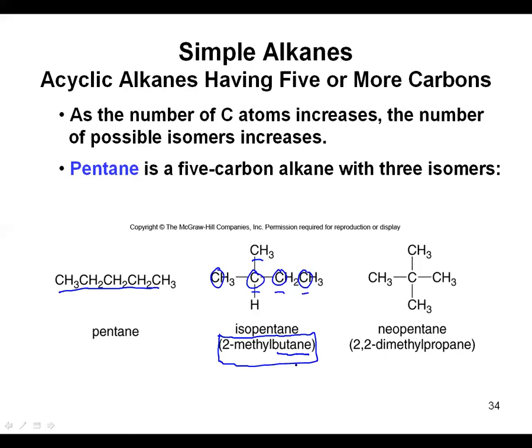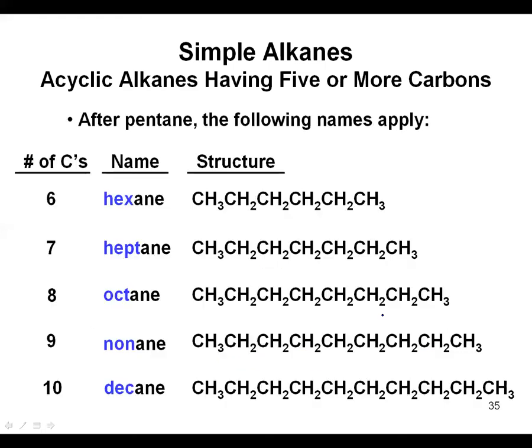It's the longest carbon chain. Longest carbon chain here, 1, 2, and 3. You could also get to it 1, 2, and 3, or 1, 2, and 3 going upwards. 3 carbons in a row is propane. Again, this is the location where we find the different parts there.